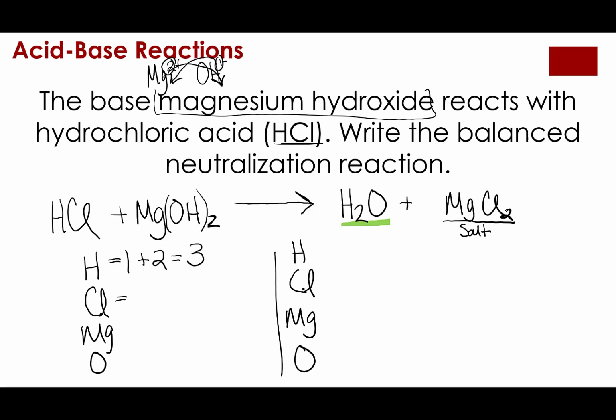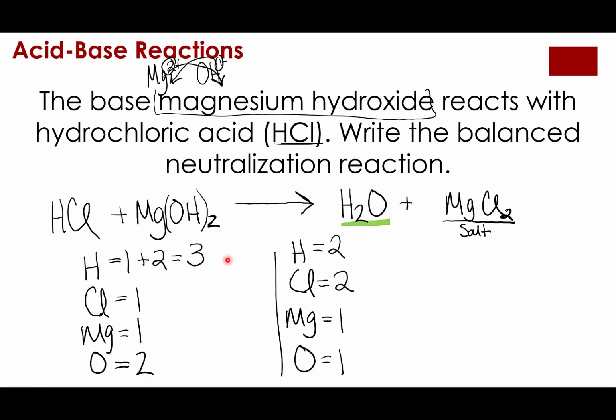We've got 1 chlorine, 1 magnesium, and we distribute this subscript 2 through, so we've got 2 oxygens. Come to the other side, we've got 2 hydrogens, 2 chlorines, 1 magnesium, and 1 oxygen. Okay. So where do we balance this?